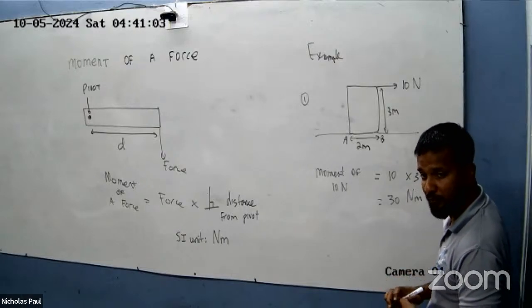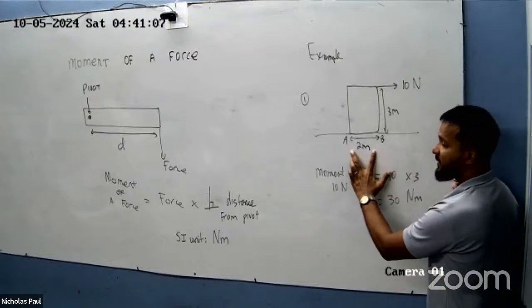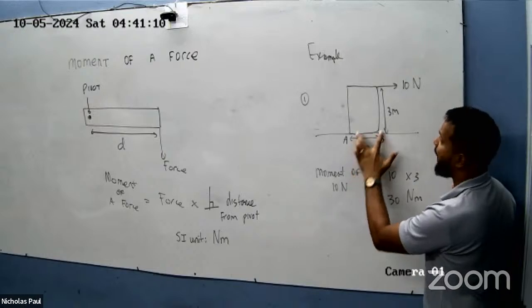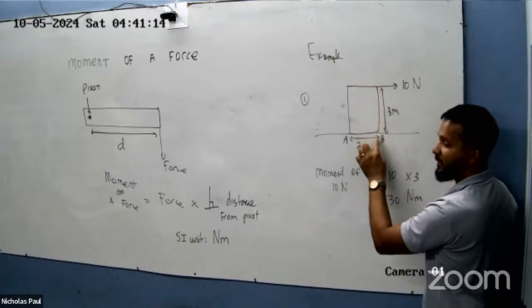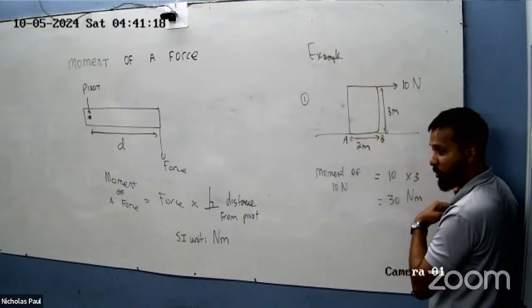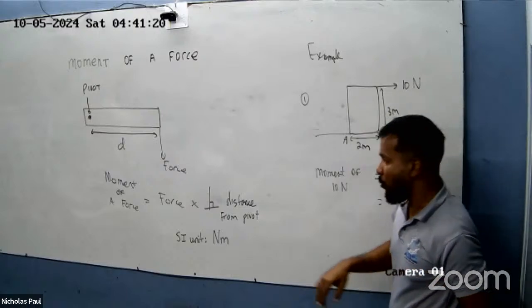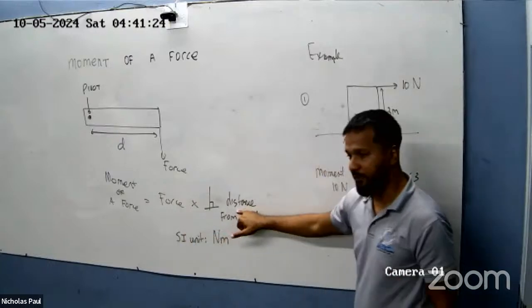Okay with that? Okay, Jordan? So this distance is parallel to this, so I don't want that. I want the distance perpendicular to this force. That's okay? You sure? So that's why whenever you write the definition, don't just write force by distance.